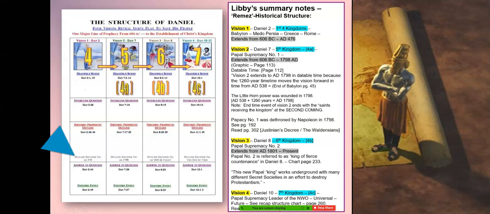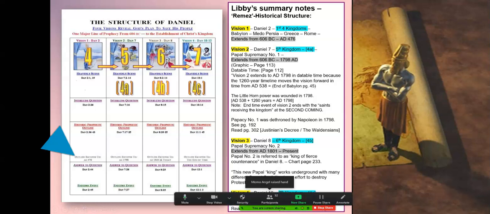1,260-year timeline moves the vision forward in time from AD 538. AD 538 was the end of Babylon. On page 45, you can see those dates listed. So the little horn power was wounded in 1798.